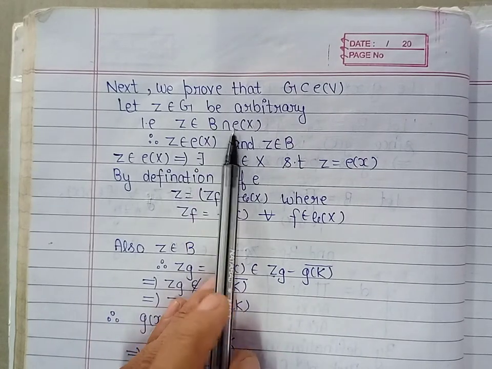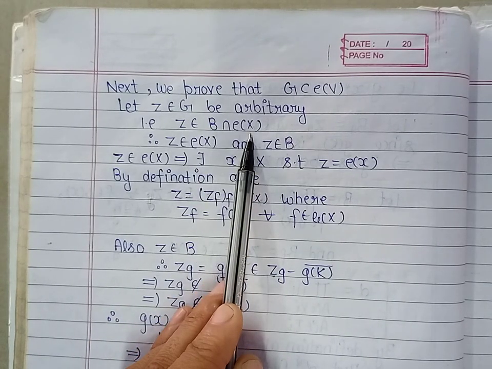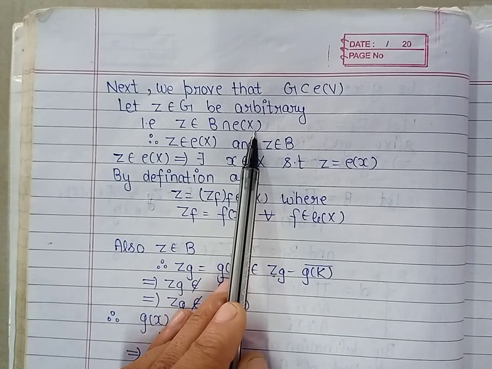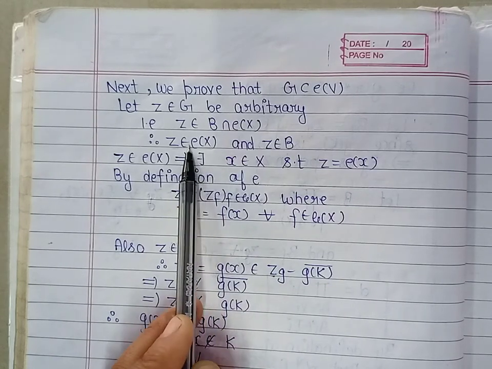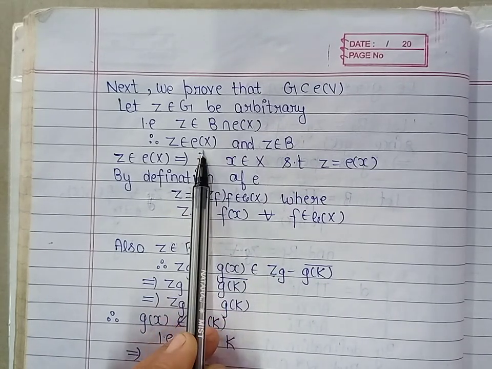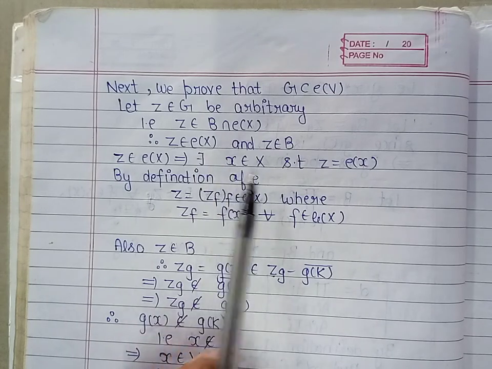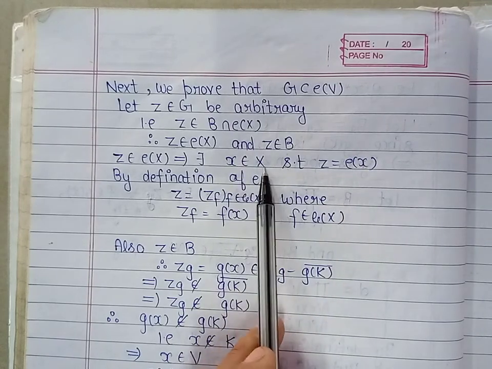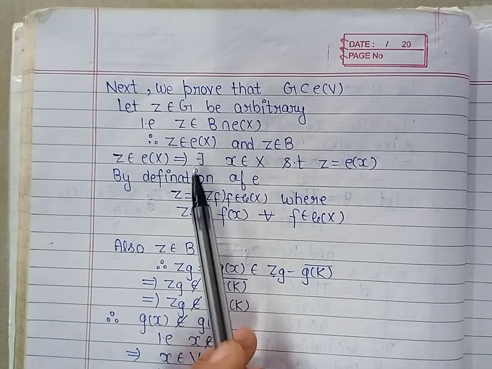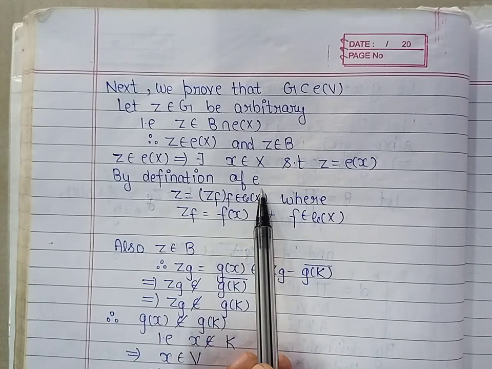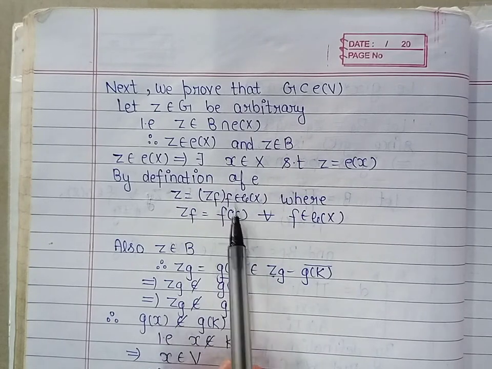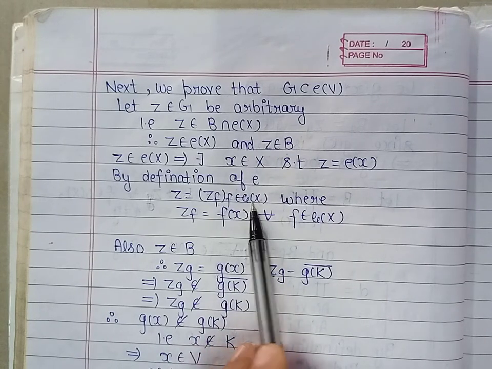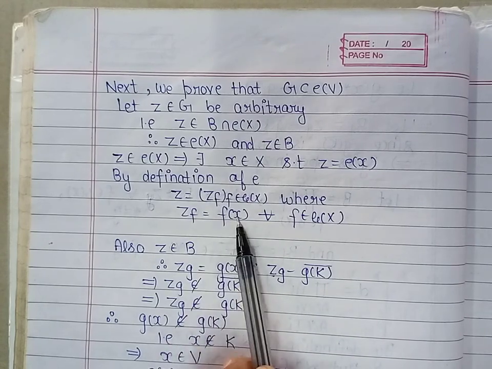G is B intersection E of X. So by definition, Z will belong to B as well as E of X. Now because Z belongs to E of X, by definition of the image of X under E, Z will be of the form E of x, where this x belongs to the set X. And also by definition of the evaluation map E, Z is of the form of product of Z_f, where f belongs to the family of functions and Z_f is f of x.